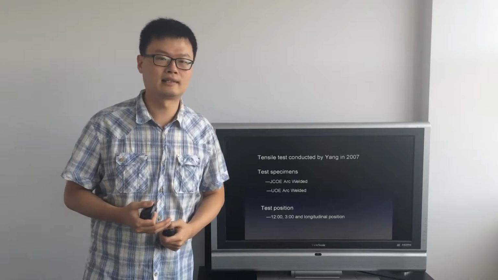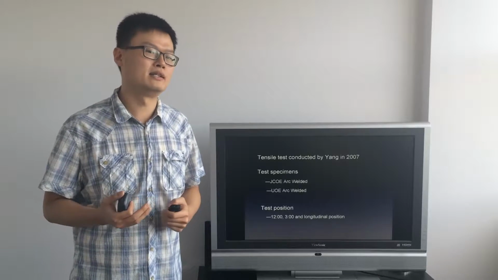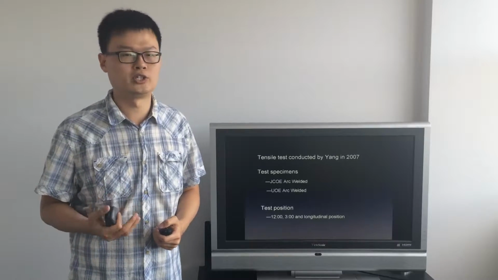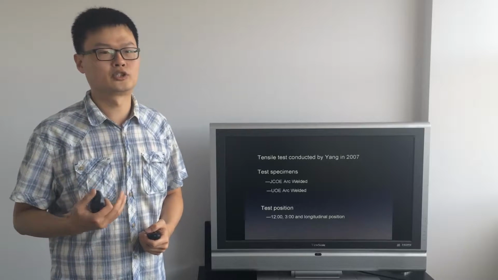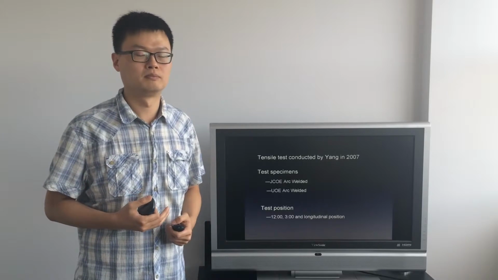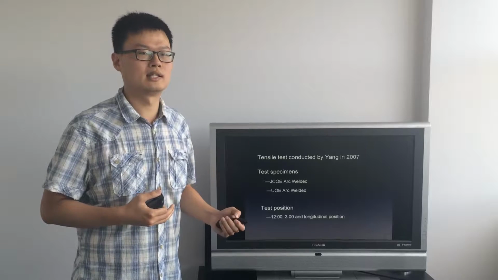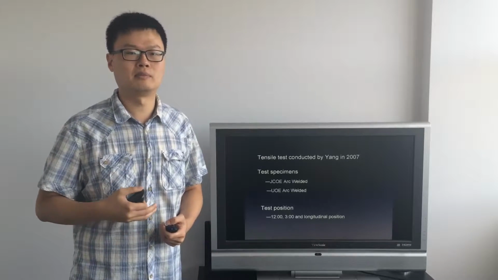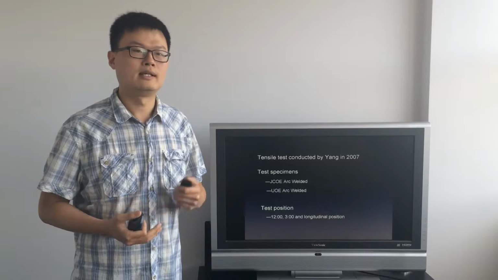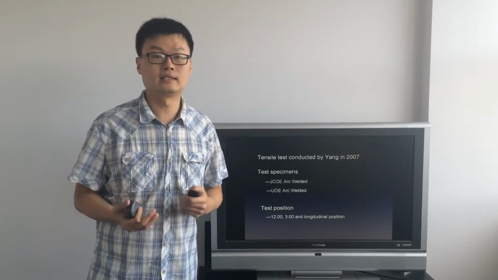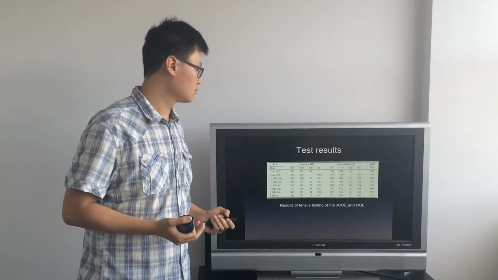Moreover, the test samples were divided into transverse weld strip, longitudinal metal strip, and transverse metal strip. The tensile test was expected to measure the ultimate tensile stress, yield stress, and other properties at room temperature.